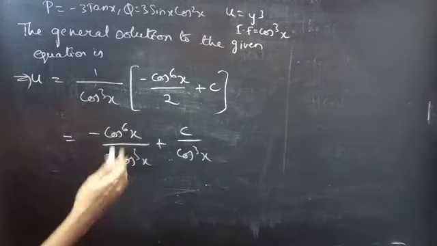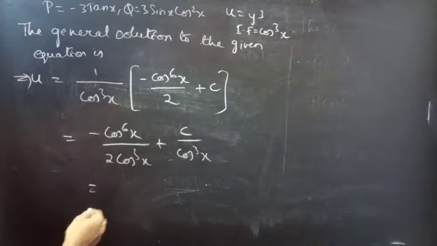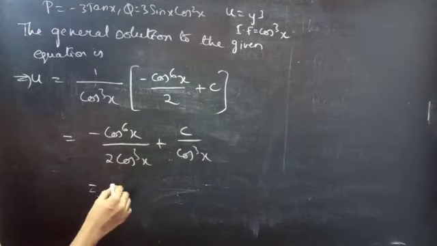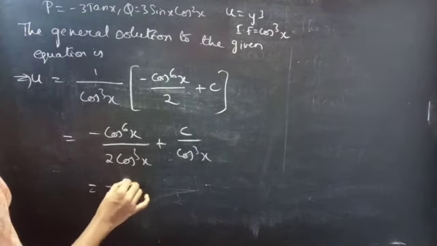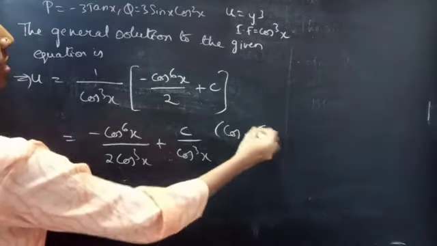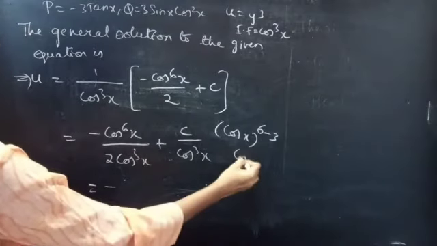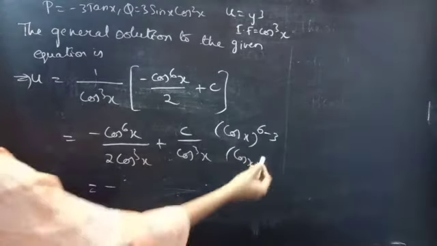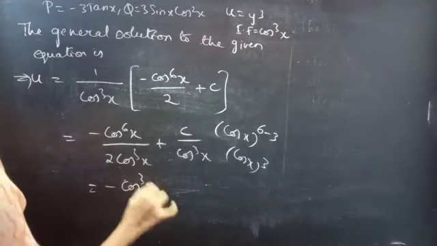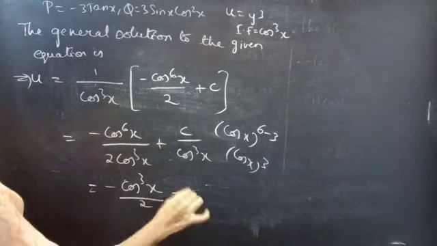So here 3 cos x gets cancelled. Then we get cos x power 6 minus 3, which is 3, so cos cube x by 2.